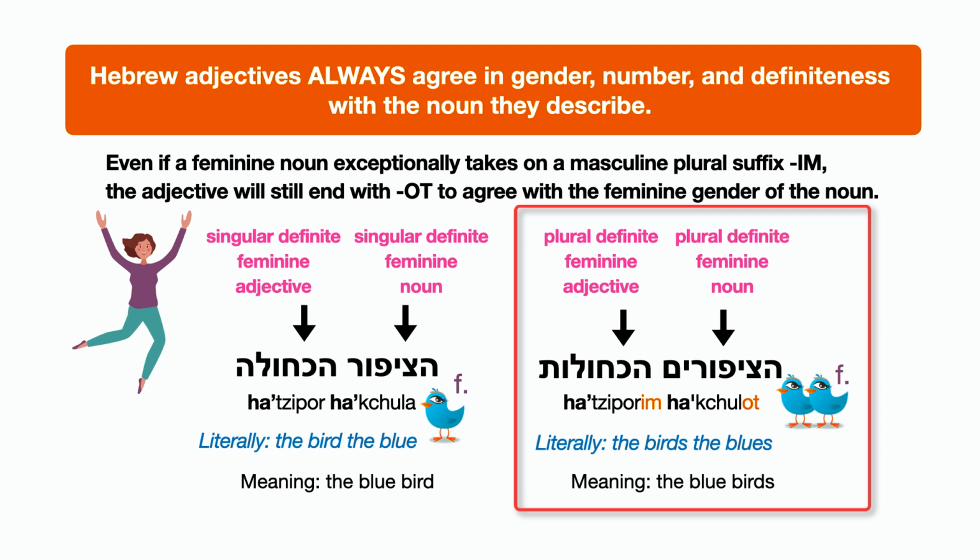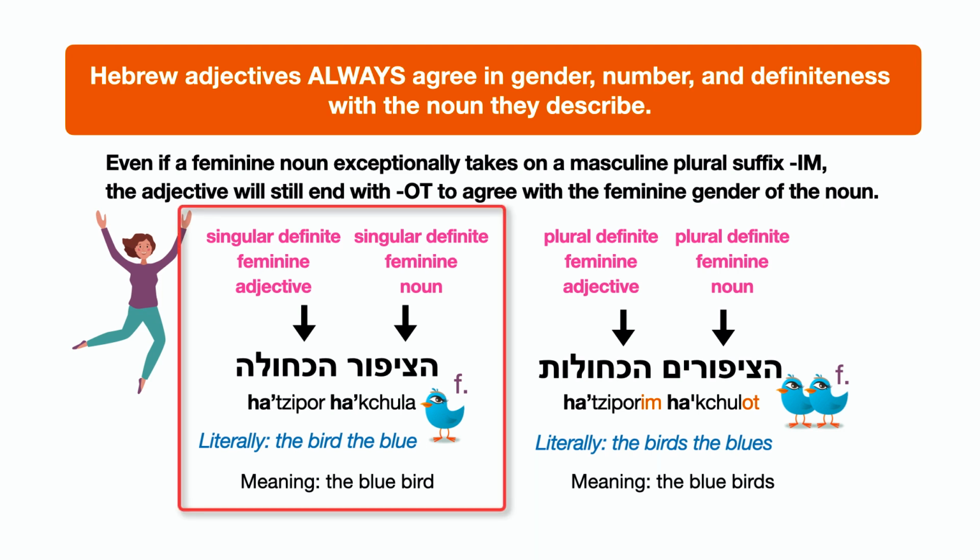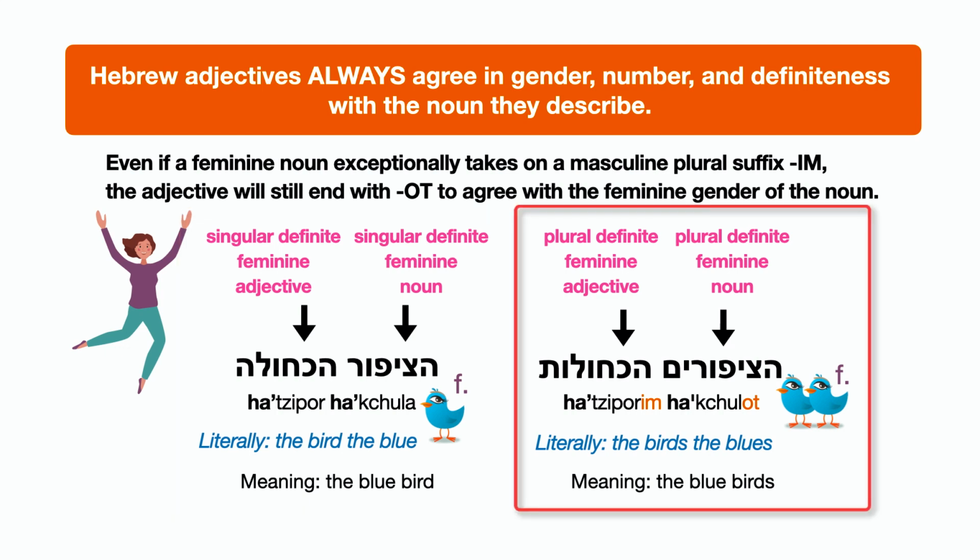So hachulot, the blue ones, the plural form of this adjective which means blue, which is a feminine adjective. So hatziporim hachulot, the bluebirds. Hatzipor hachula, the bluebird. Hatziporim hachulot, the bluebirds.